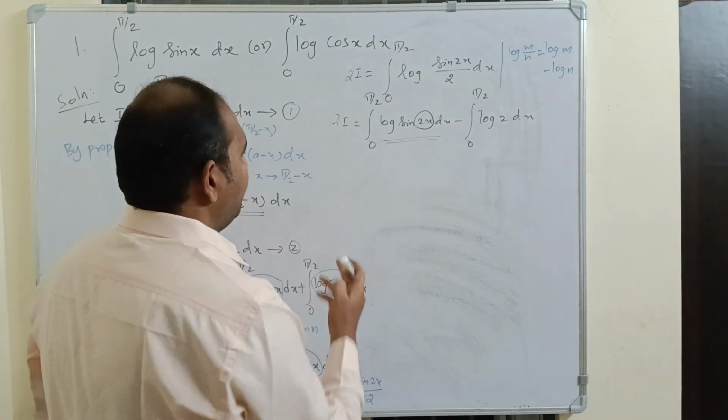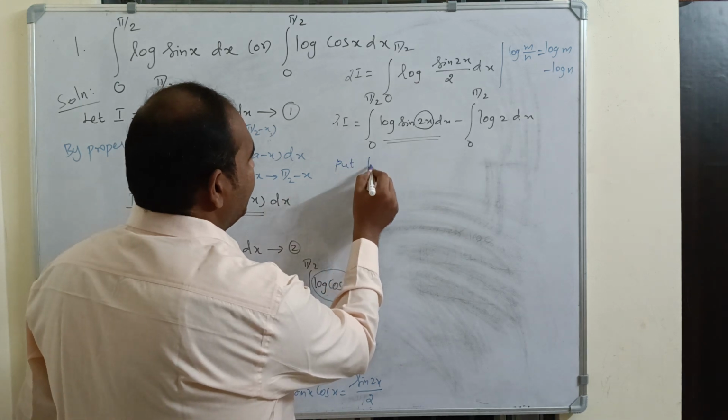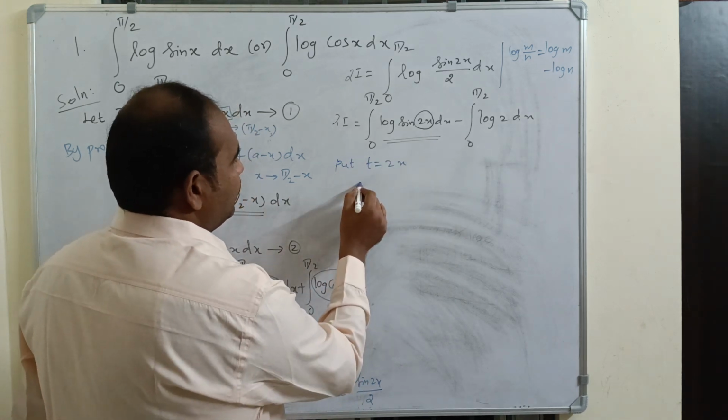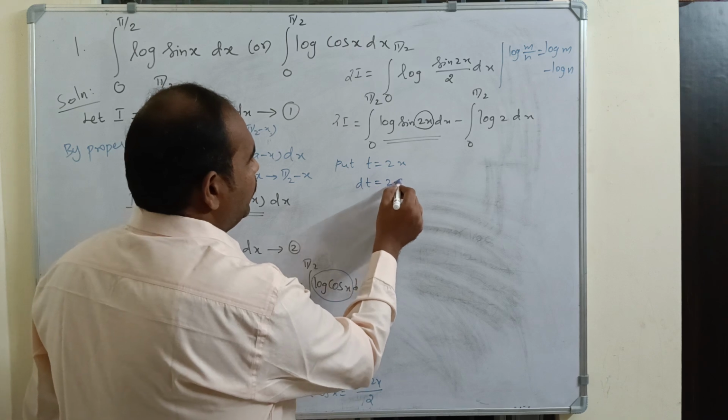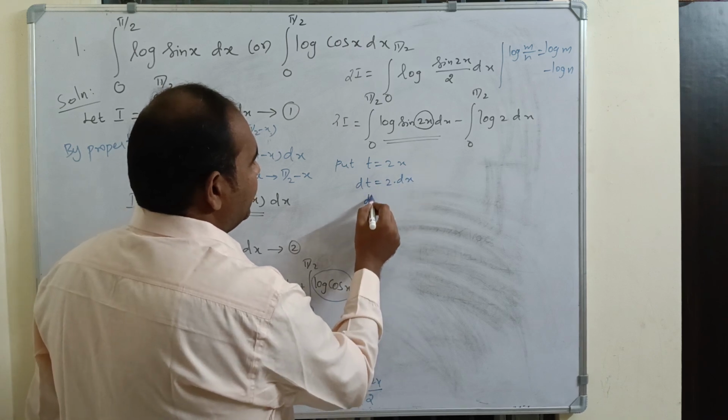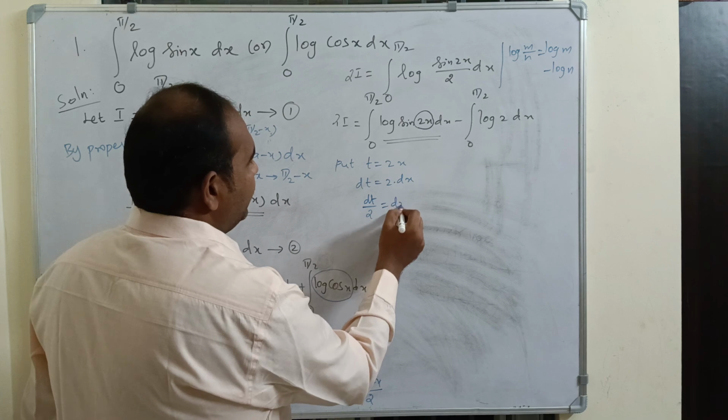So put t equal to 2x. So dt equal to 2 dx, so dt by 2 is equal to dx.